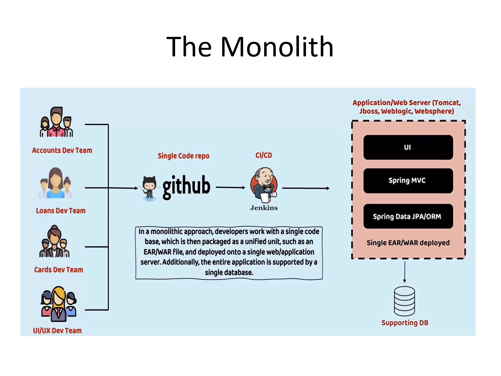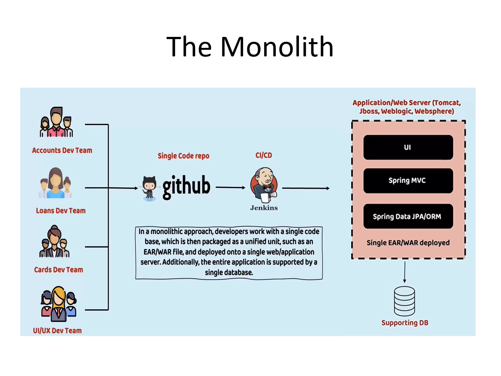In the monolith, typically there will be a development team handling the account, loan, card, and UI/UX inside the monolithic application. All these developers work on a single code base. Using this single code base, we deploy the entire web application into a web server or application server with the help of CI/CD tools like Jenkins.